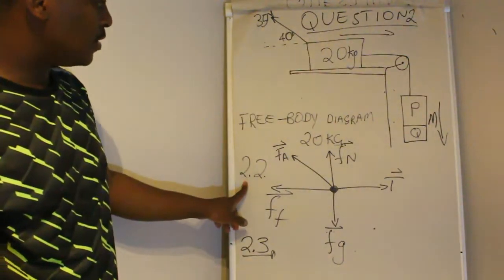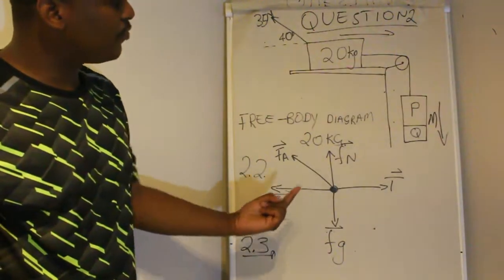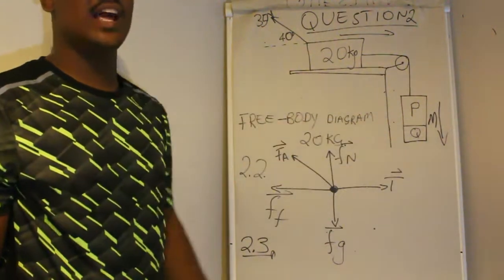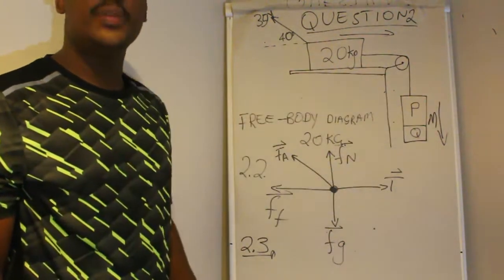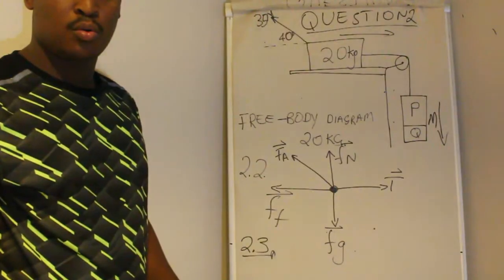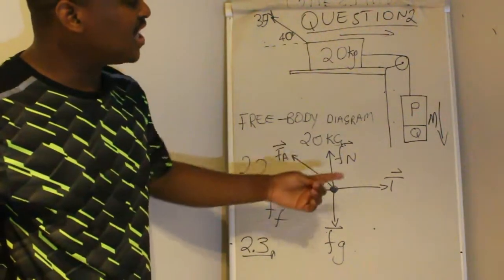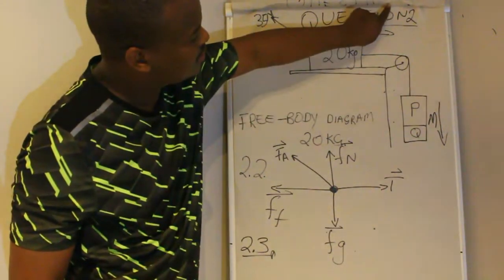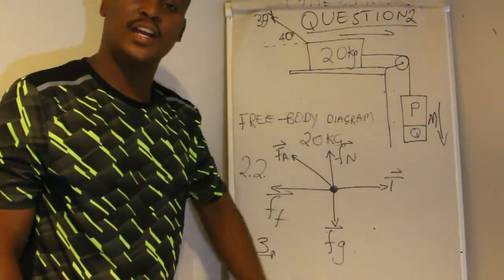The next thing that you should do is find the free body diagram of blocks P and Q, which is M. So what you should do first is draw the free body diagram of P and Q. There are two forces acting on P and Q: the tension, which is pulling it upwards, and the gravity, which is pulling it downwards.